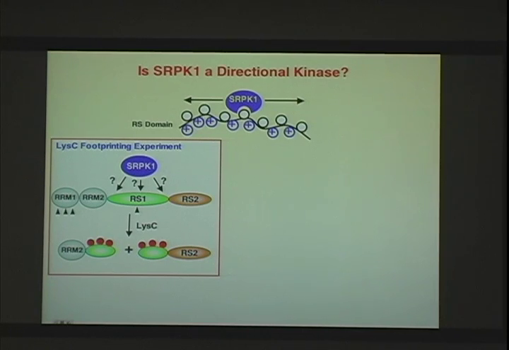My graduate student, Chen-Ting Ma, designed this footprinting experiment that took advantage of the fact that we can actually take arginines out, put lysines in there, and then separate the RS domain into two halves. And he did that with this ASF molecule. He had to do more mutations in RS2 because there's a whole bunch of lysines in there, and that took him some time.